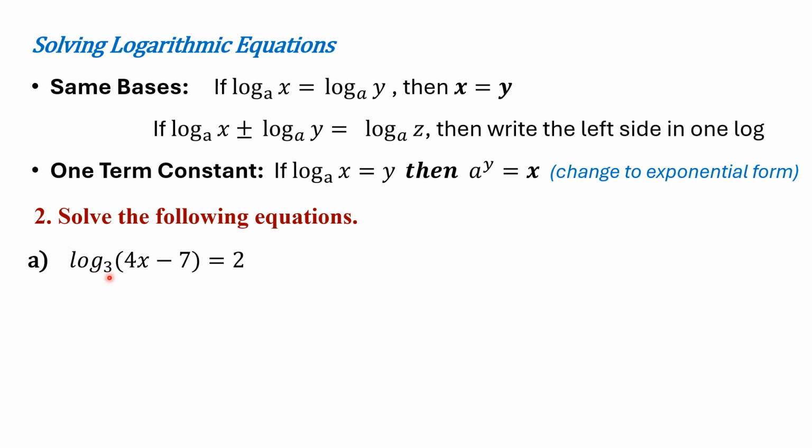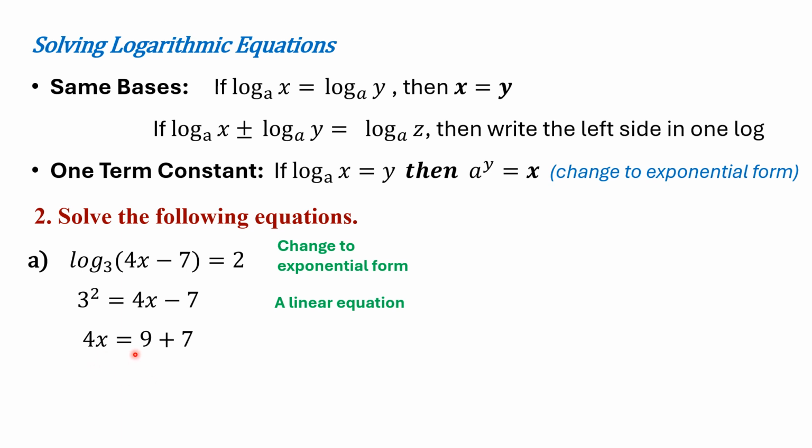So we have 3 to the power 2 is equal to 4x minus 7. And this is a linear equation, so we have to isolate the x term. Move this negative 7 along with this 3 squared. So we will have 4x is equal to 9 plus 7, since 3 squared is 9.